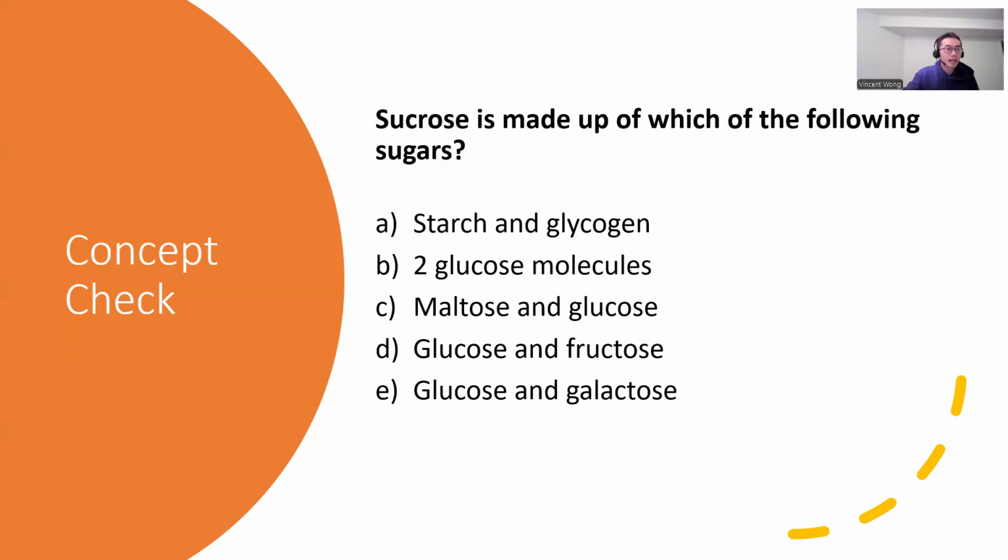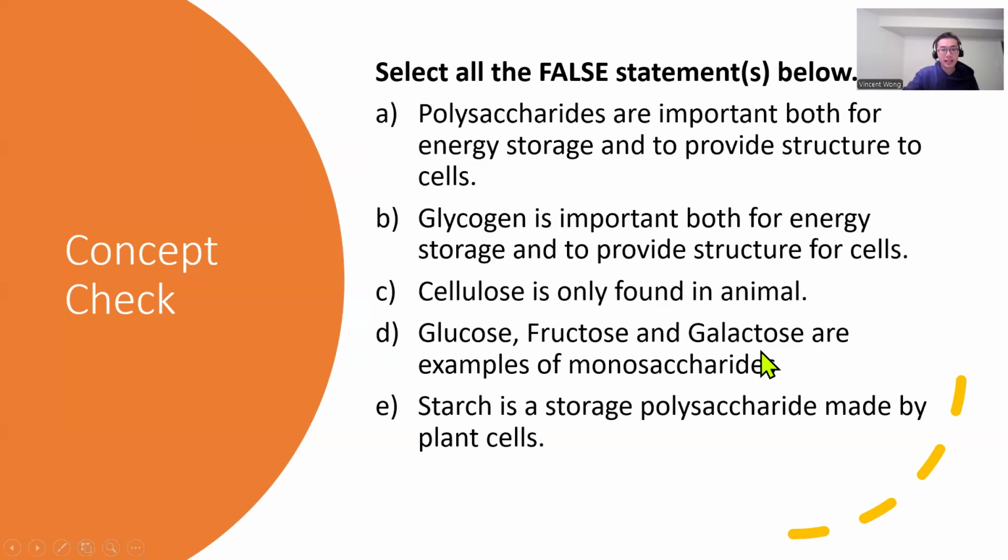All right. If you look at the slides earlier, you will see sucrose, which is kitchen sugar, is made up of glucose and fructose. So the correct answer is D.